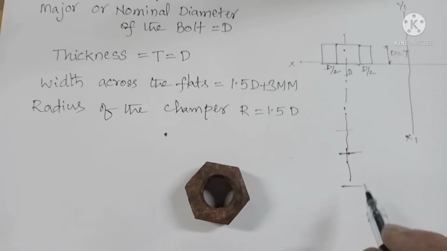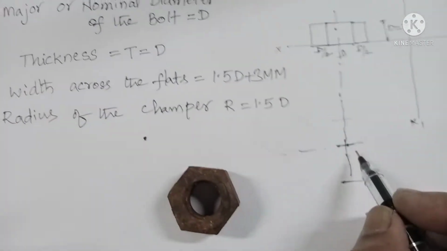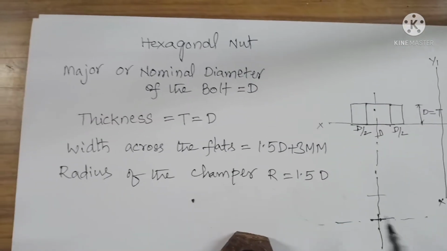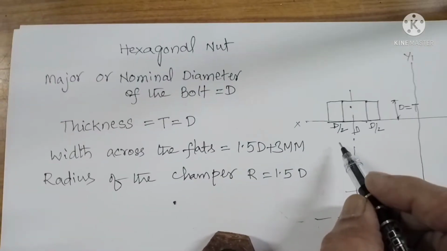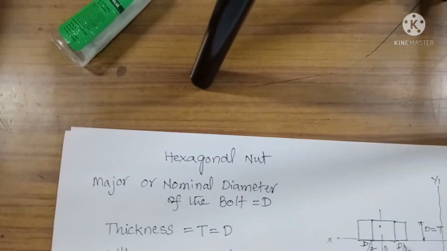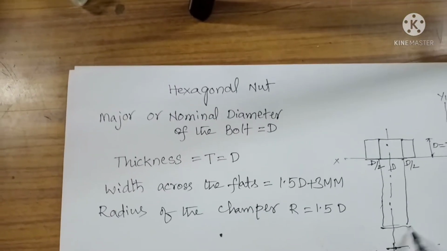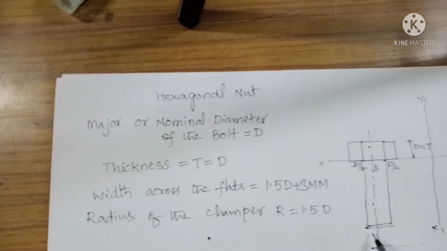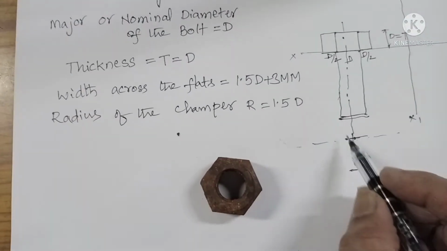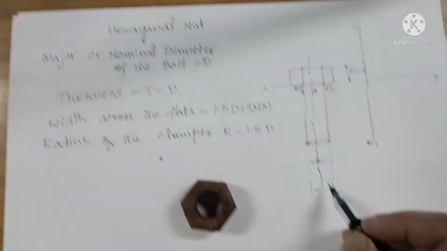Like this. Now extend the lines like this. Now extend the front view to the top view with the two horizontal lines like this, till this point, and you can also extend to the bottom flat. So we are going to have it like this.